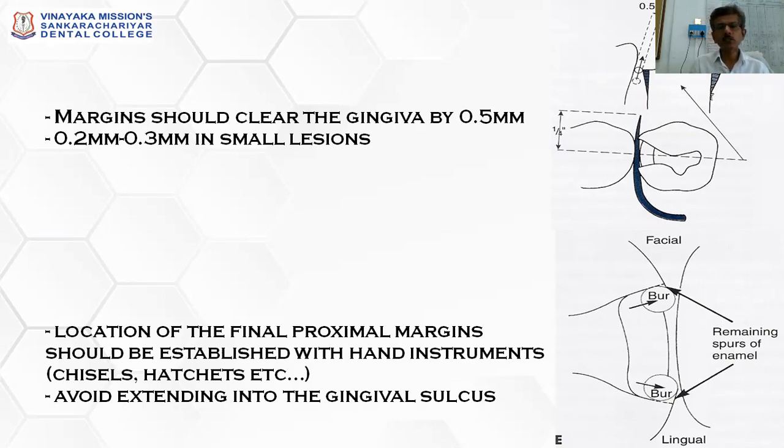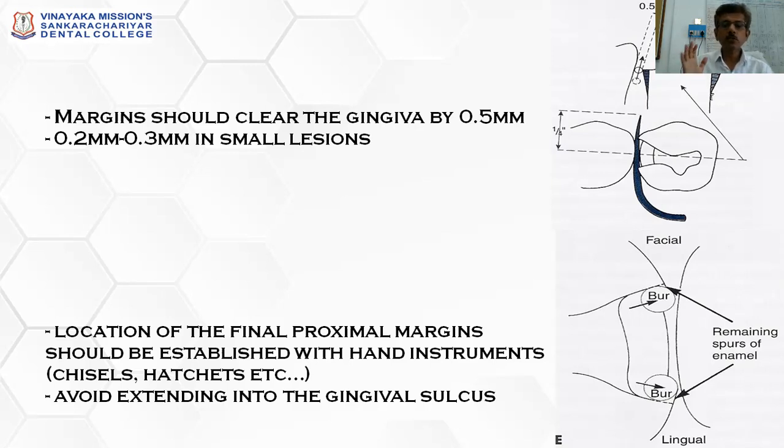Now, how do you check this 0.5 millimeter clinically? You take a floss and just pass it down through, or you can use the tip of a fine straight probe, which you have in your operative armamentarium.